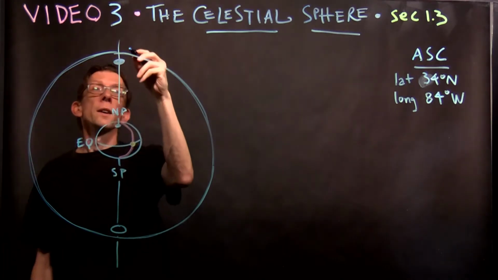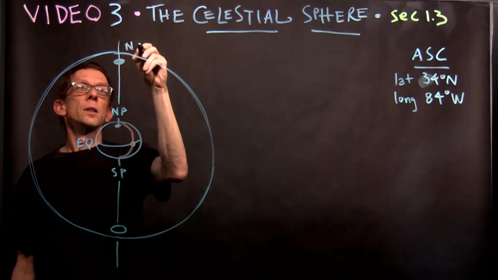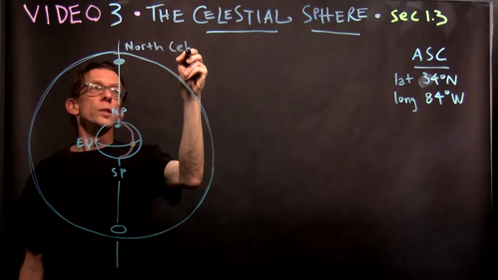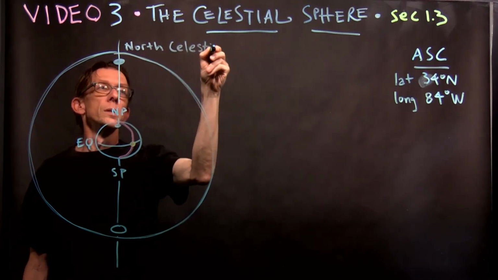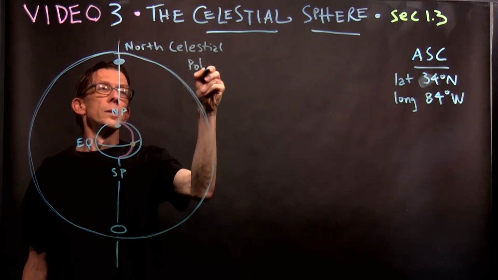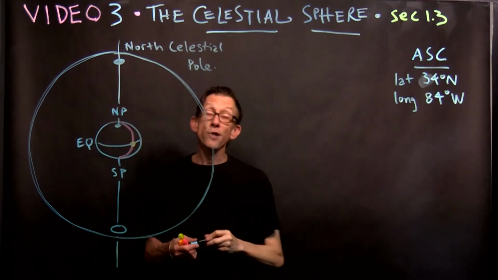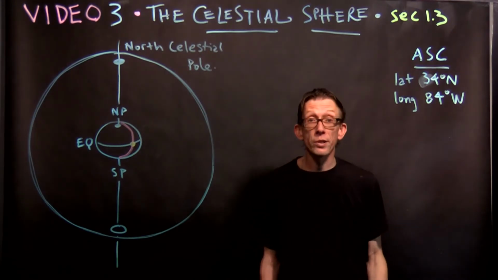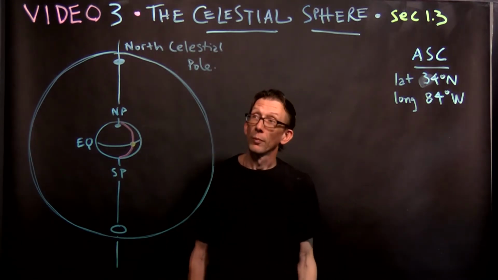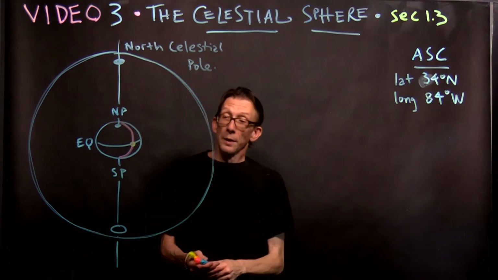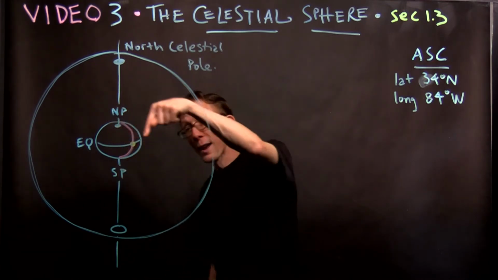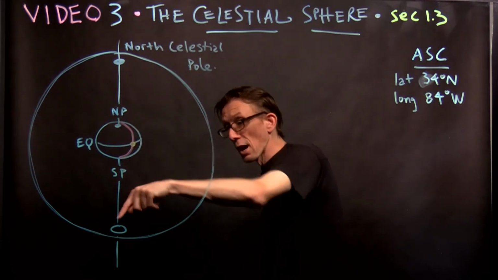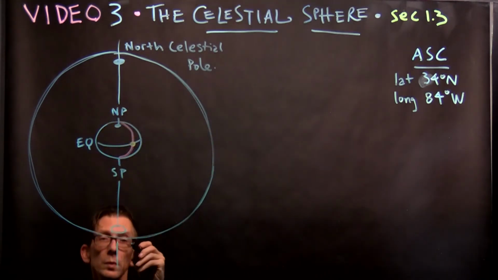Directly above that is the North Celestial Pole. So you go up to the North Pole and look straight overhead, you'll be looking at the North Celestial Pole. Now, if we trek down to the South Pole, our heads will be pointed down in the picture here, and right over our heads will be the South Celestial Pole.